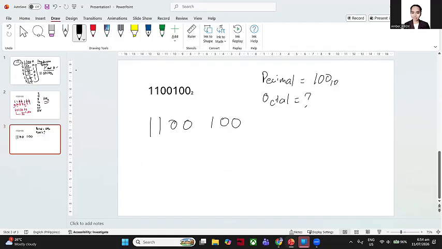Now we will group the binary into groups of three members. So when you group, how many groups are you going to take? So we have 100. This is our first group.